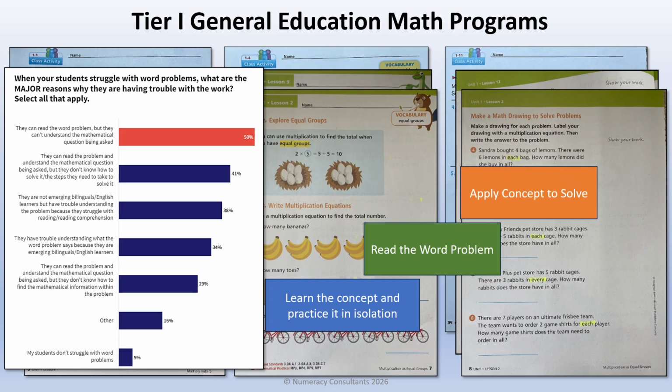So when you look at how much of our instructional time is being spent on developing the concept, by the time we get to the word problem, kids are only seeing that word problem because there's math embedded in it, but no actual time ahead of time was spent on developing what word problems look like, the language and so on, the linguistics. And so we'll take a look today very closely at how our Tier 1 delivers word problems for our students, if that's necessarily working, or if that's really the best approach we have for our students.